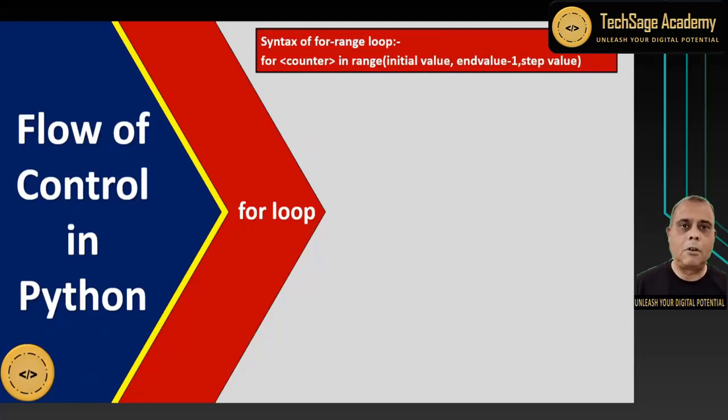The syntax of for range loop is: the loop starts with the for keyword, then the counter variable, then in range. Then the syntax of range, initial value, end value minus 1, and step value. This is how a for loop is written, followed by a colon.